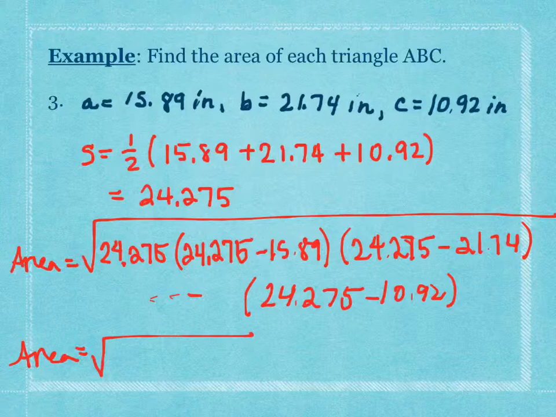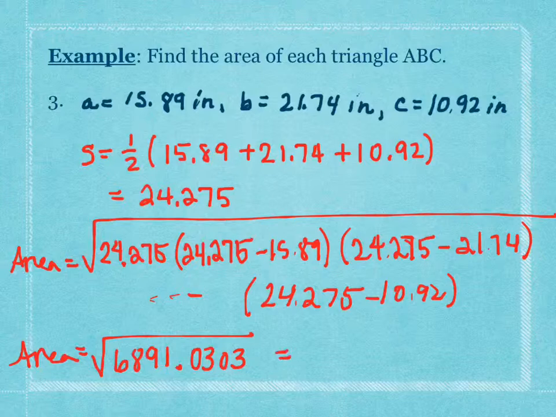Okay, do I have multiple people getting that? Yeah. Okay, 6,891. Does it have some decimals or anything? Yeah. Okay, so just give me maybe 4 of the decimals for now. Okay, and then you're going to square root that. So take the square root of that, or if you are seeing that on your screen and you don't want to do square root, you can raise it to the power of 1/2.